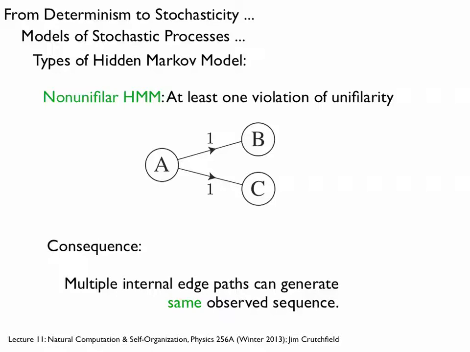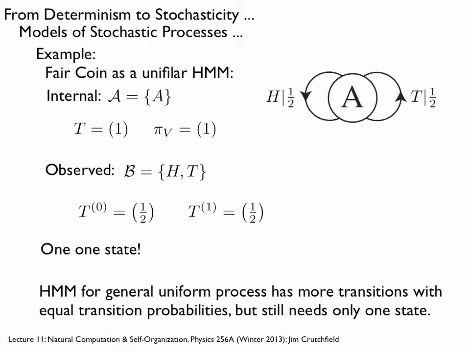So non-unifilarity is going to be one way in which the observation function can throw important information away. In many cases, it's recoverable. So non-unifilarity leads to multiple edge paths or state sequences for a single observed sequence. I'll give some examples of this, not just talk about the general case.